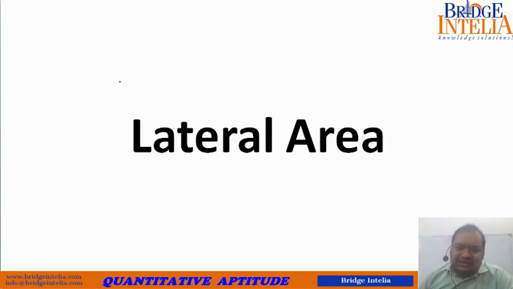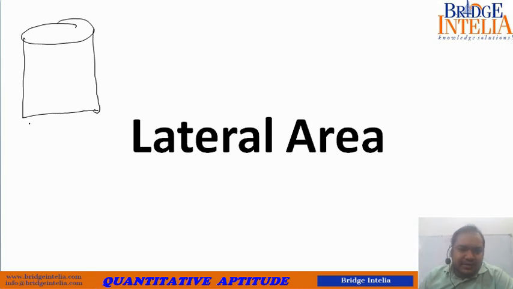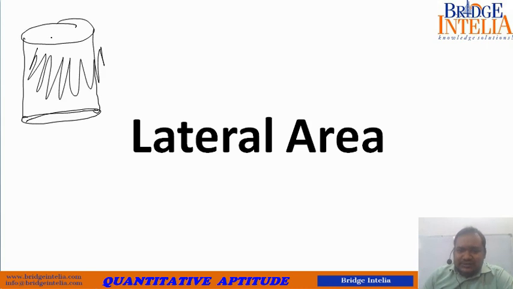Let's take this geometrical figure. So this is a cylinder. So if somebody asks you what is the total surface area, you would say that the surface area of this curved portion plus the upper portion and the bottom base. So total surface area means whichever surfaces you can touch, the area of the entire surface.